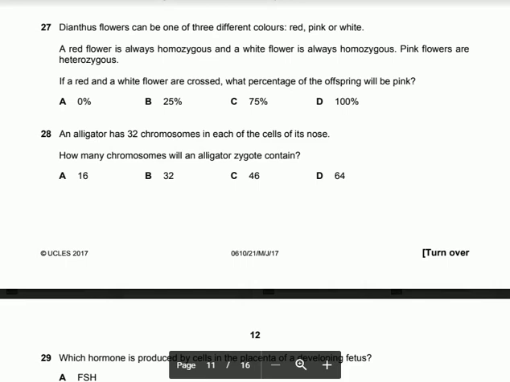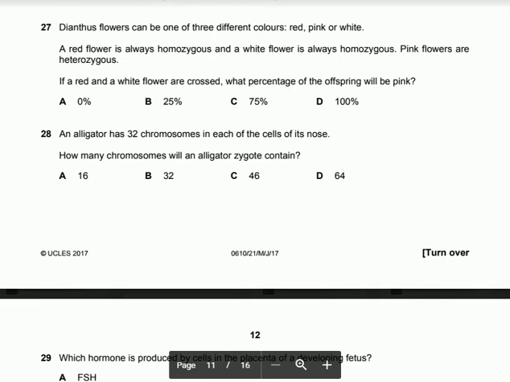Now you need to draw something called a Punnett square. It's not that hard to draw, but I'll explain.